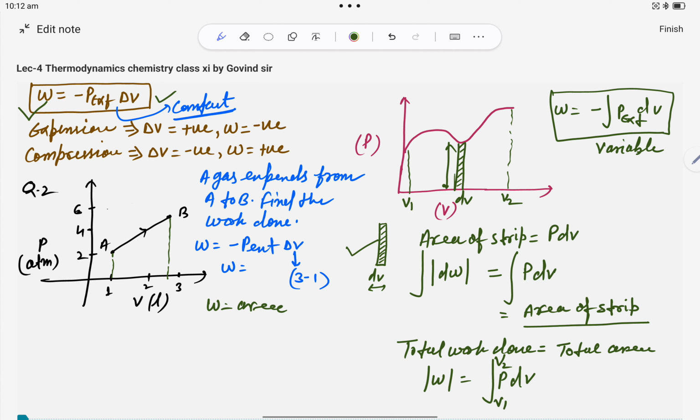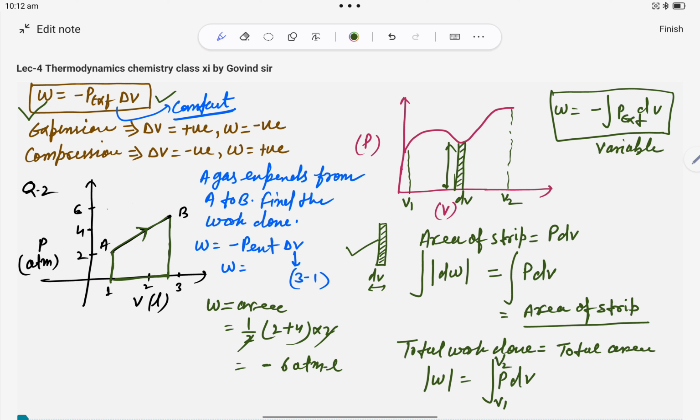It is a trapezium. So area of trapezium is 1 by 2 sum of parallel sides, this and this, so 2 plus 4, and height, this will be the height, so it will be 2. So it is 6 atm liter, and the gas expanded, so it will be minus. That is the answer.